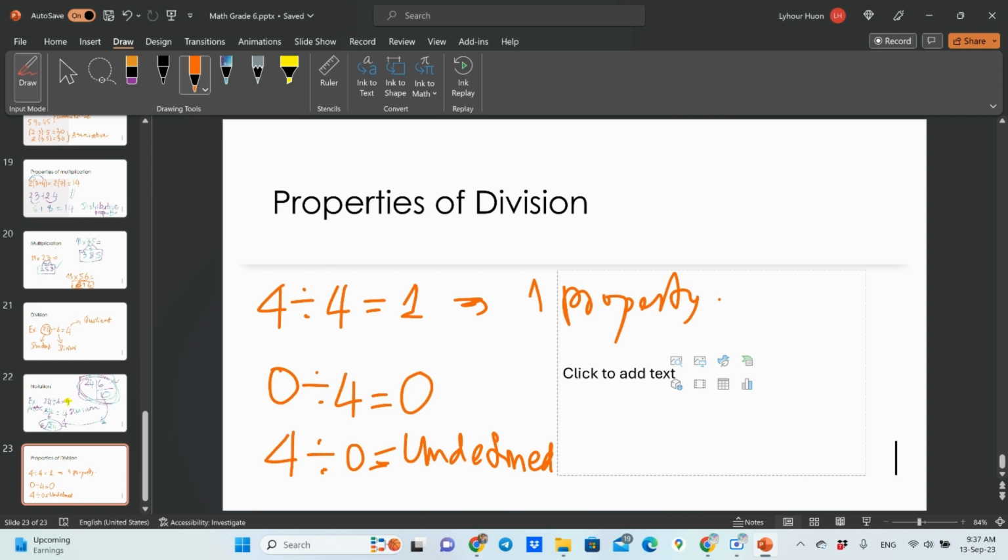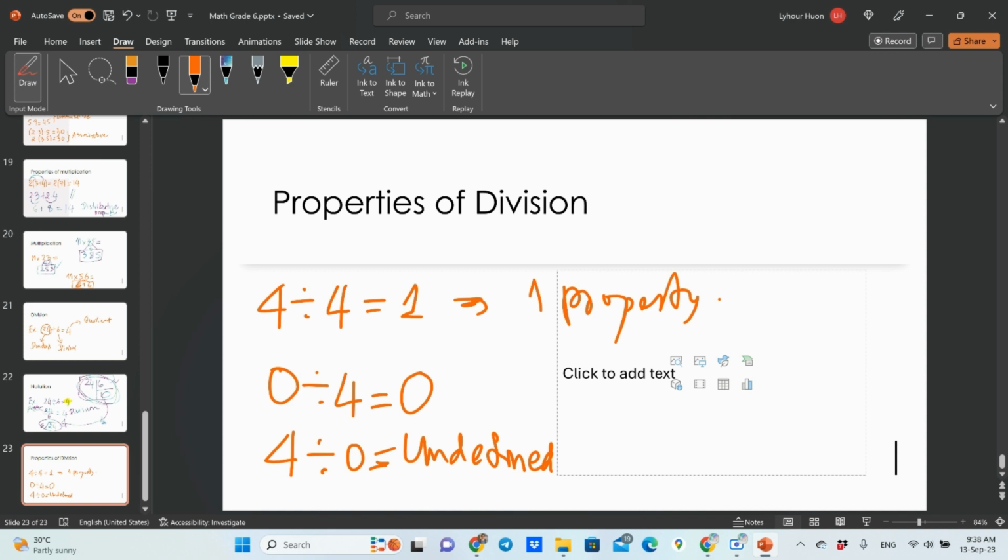You cannot divide something out of zero because it's nothing. So you cannot divide by zero.